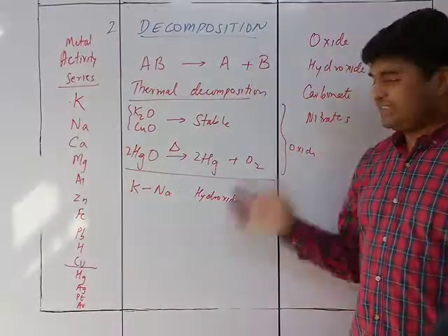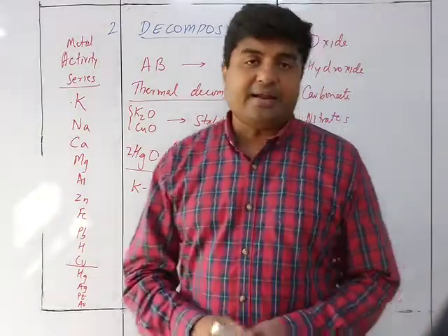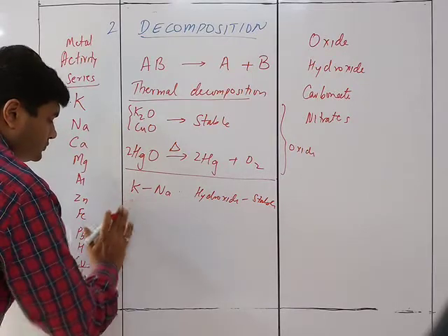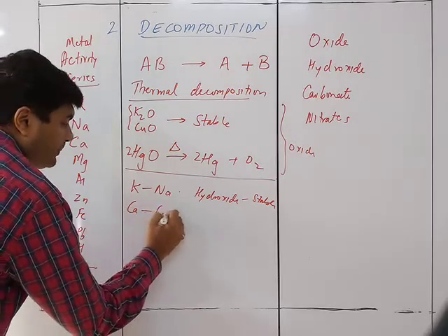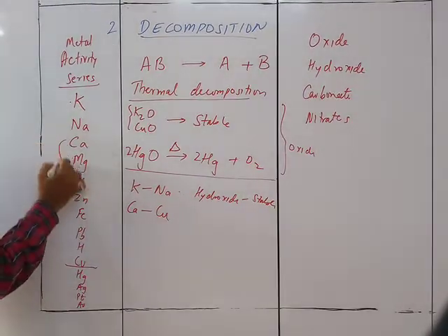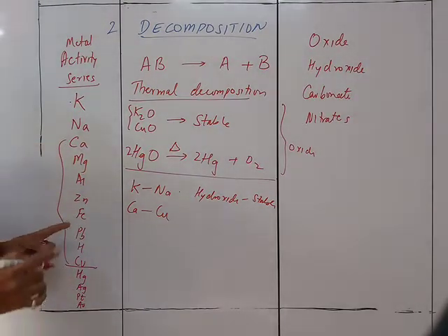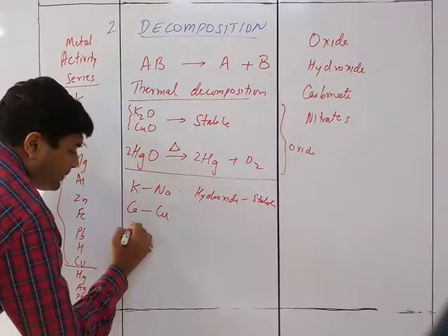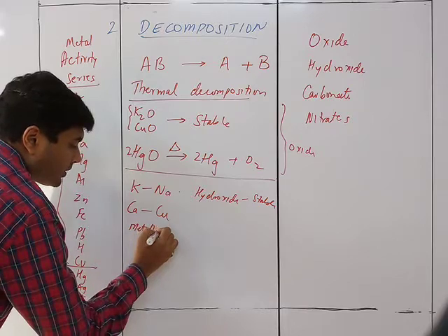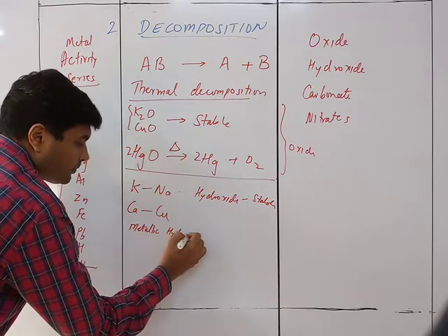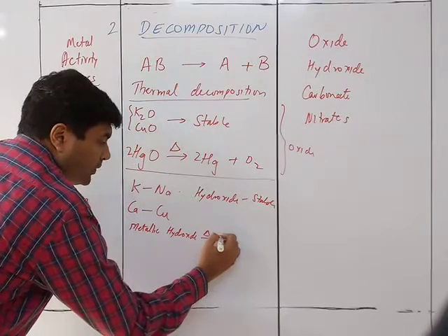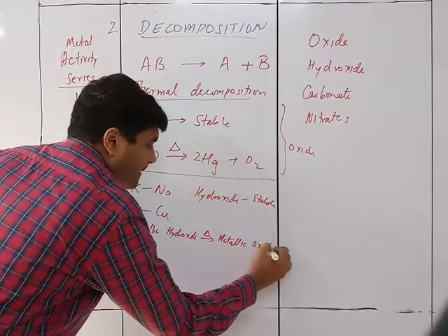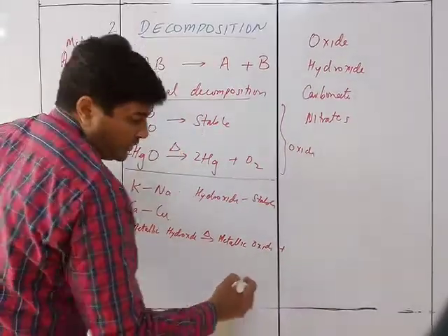It is absolutely stable. But after that, that is from calcium to copper, these ones are unstable. So what will they give? They will give such that metallic hydroxide on heating will give metallic oxide plus water.